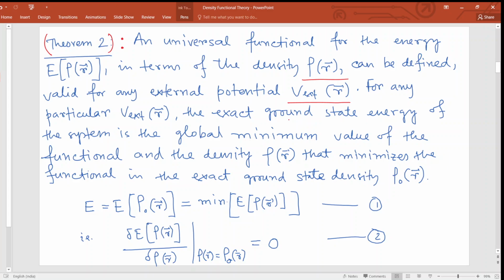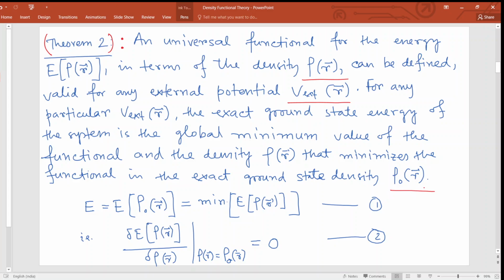For any particular V external, the exact ground state energy of the system is the global minimum value of the functional, and the density rho r that minimizes the functional is the exact ground state density, that is rho naught r.